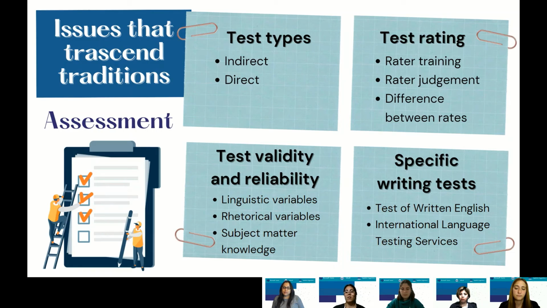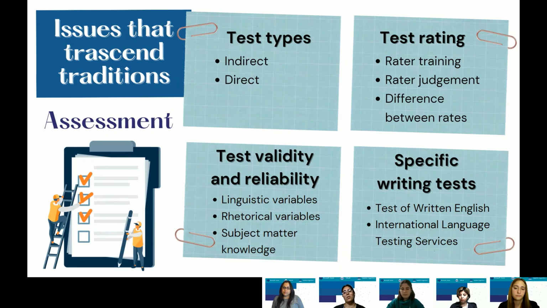The first one includes test types, specifically indirect or objective ones, which measure students' knowledge about a subject, and direct tests, in which students are asked to complete some sort of authentic action, for instance, answering an essay question.